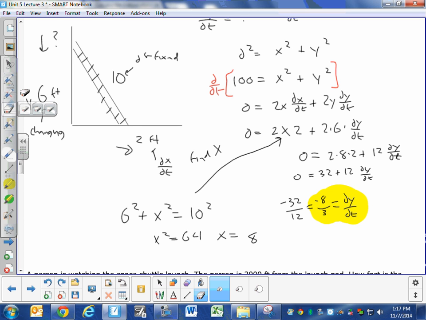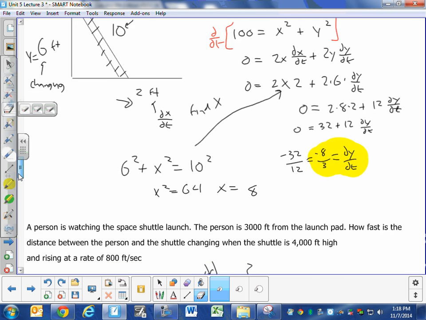So when you plug it into the original and define x, you can plug that number in even though you're changing it. Yes, because this is a scenario of, hey, at the moment in time when it's 6 feet above the ground, how far away is it at that time as well on the x. So that's when it's okay to plug it into your original, because you're finding the situation at that specific moment in time. Okay, so good.